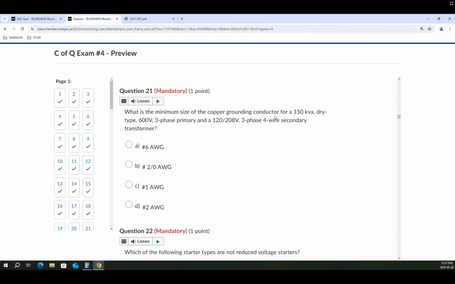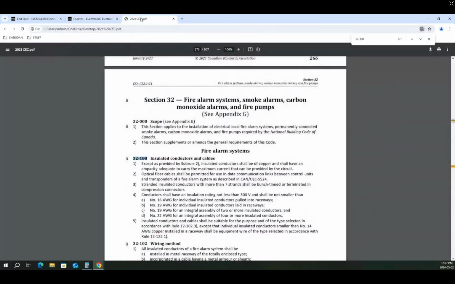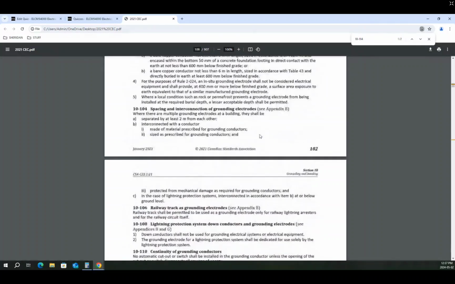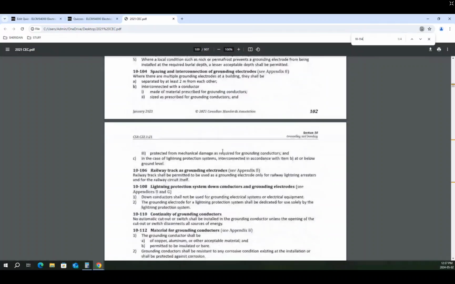So I want the size of the grounding conductor. So I'm going to go to section 10, grounding and bonding.